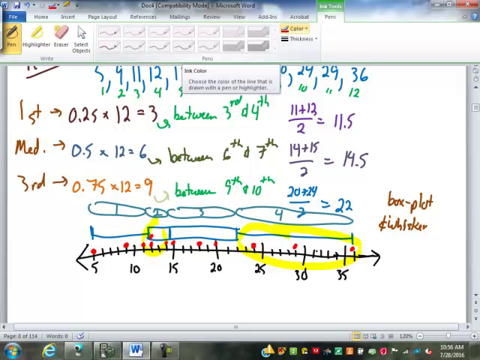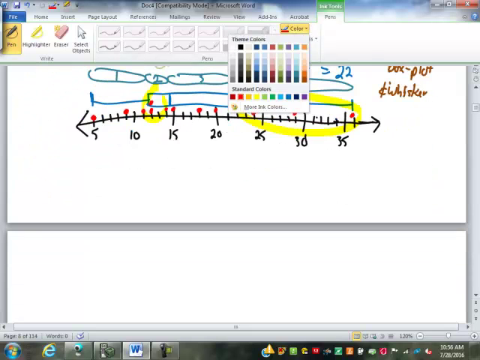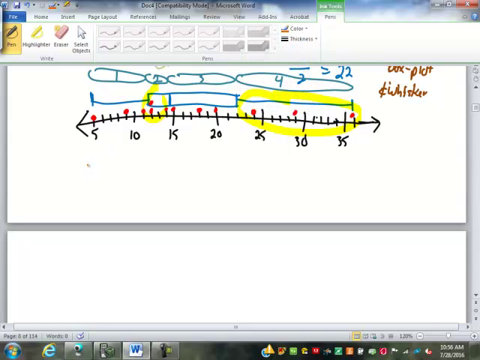So I'm going to give you a different set of data right now. We're going to start with the same number.